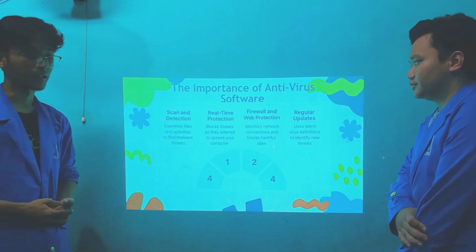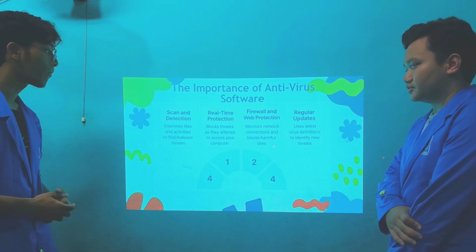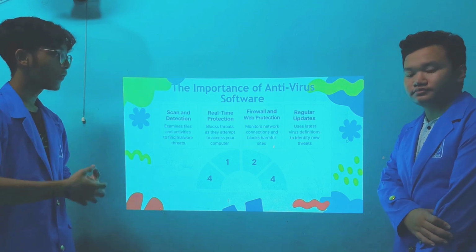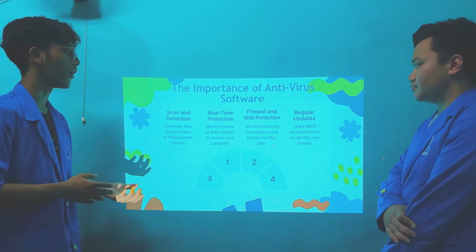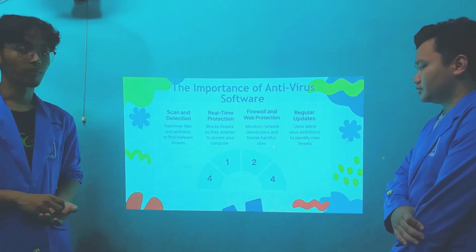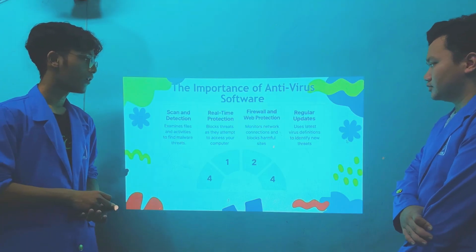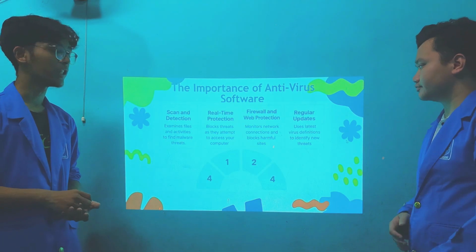Real-time protection: you can block threats as they attempt to access your computer. Third, firewall and web protection, which monitor network connections and block harmful sites. Regular updates use the latest virus definitions to identify new threats.